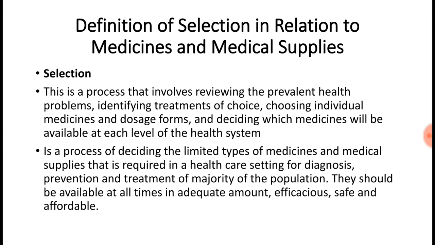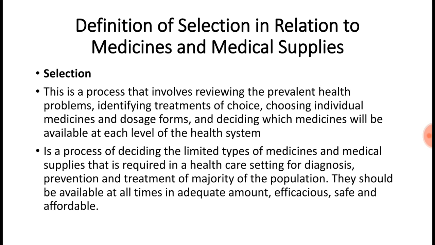Kwa mfano ipo malaria ina dawa nyingi sana, ina dawa ambazo ni zaidi ya 2, 3, 4, 5 katika mazingira ambayo yanatuzunguka. So selection iko pale kwa ajili ya kuchagua, kuangalia dawa gani itakuwa kama ni treatment of choice kwa ajili ya ugonjwa wa malaria. So selection iko pale ikisaidiwa na selection criteria.